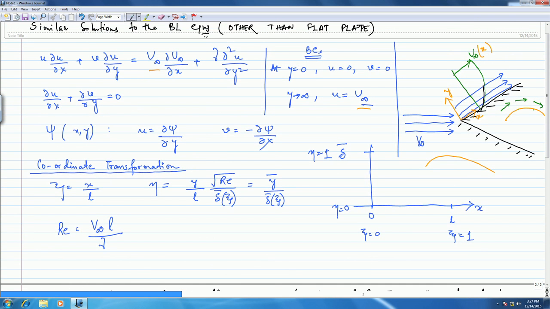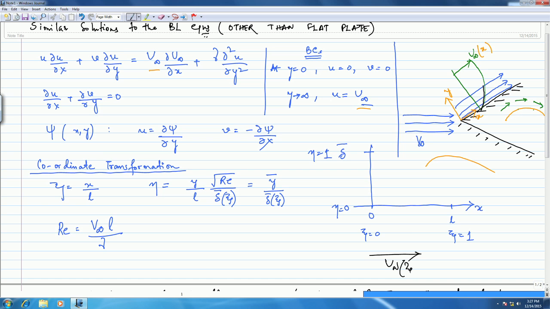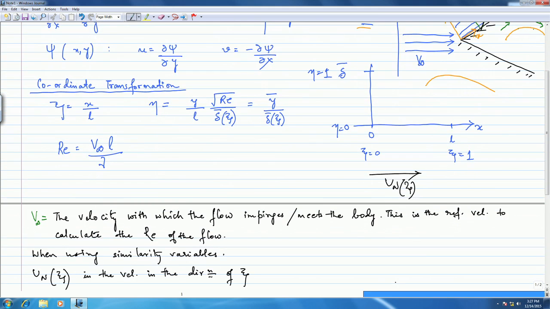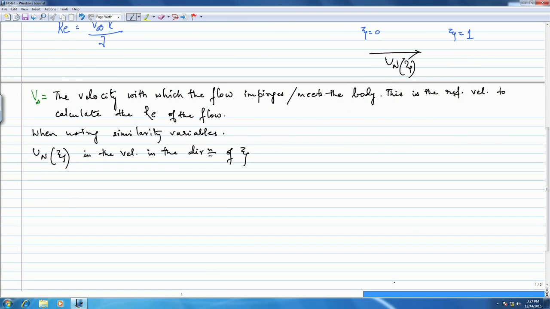Like when I wrote down the zeta, zeta goes from 0 to 1 and eta goes from 0 to 1. So u zeta basically goes from u1 to u0 to u1. It's in the direction of zeta, and this can be said to be the same as the velocity of the outer flow.